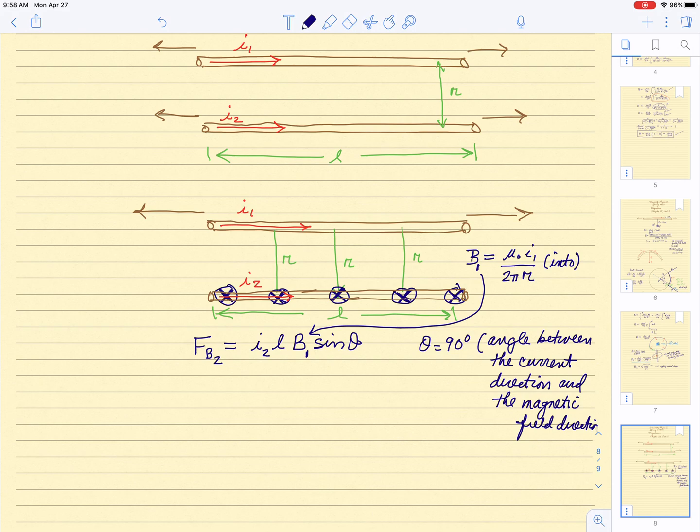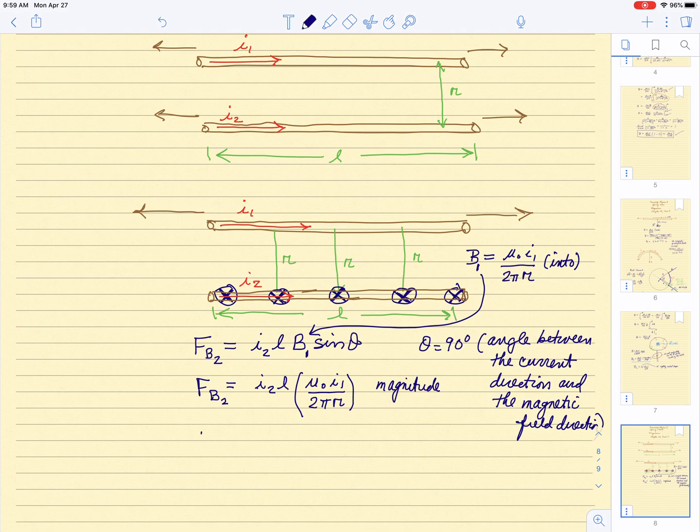Okay, so that's going to be 90 degrees. So this then becomes the force on wire 2 is going to be equal to I2 L times B1, but B1 is mu 0 I1 over 2 pi r, and this is in magnitude.